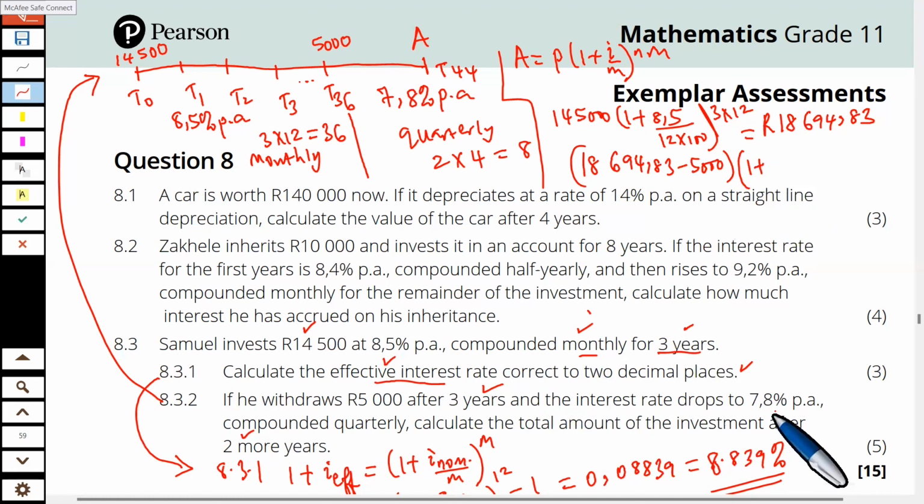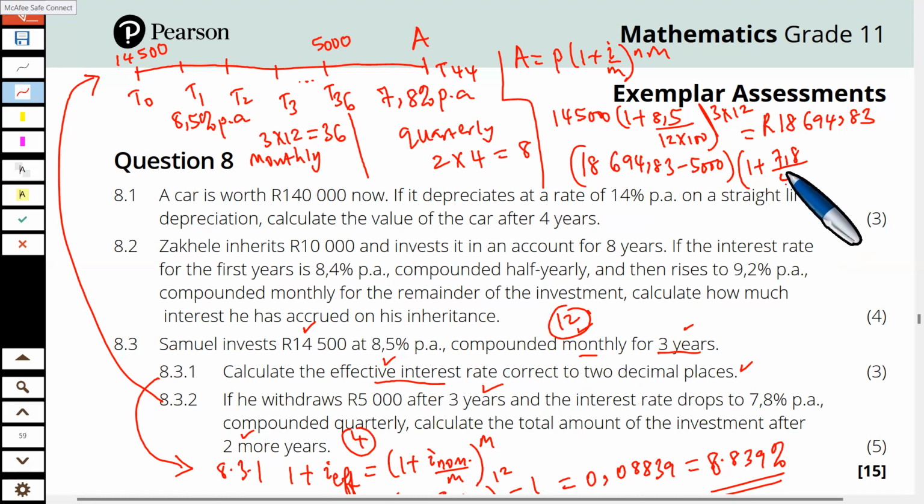Then you look at the rate. What is the rate now? It's 7.8% compounded quarterly. So you take 7.8. If they say quarterly, there are 4 quarters in a year. If they say monthly, there are 12 months in a year.